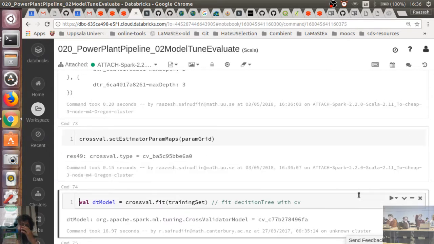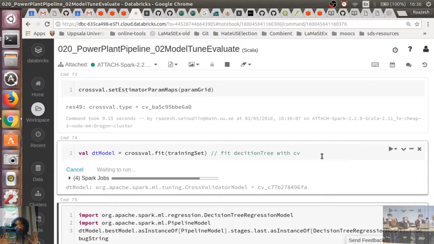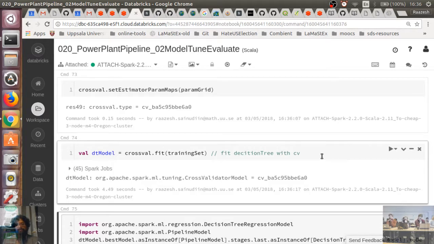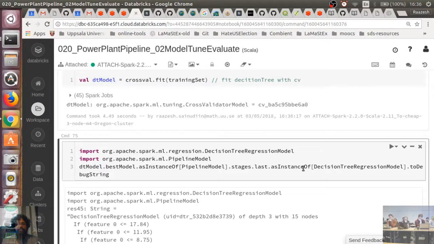And then I'm reusing this. I'm doing cross-validation on this new parameter grid. So my DT model is simply crossval.fit training set, because I'm only throwing the training set at it. But now this will do the entire decision tree for us with cross-validation. Right?